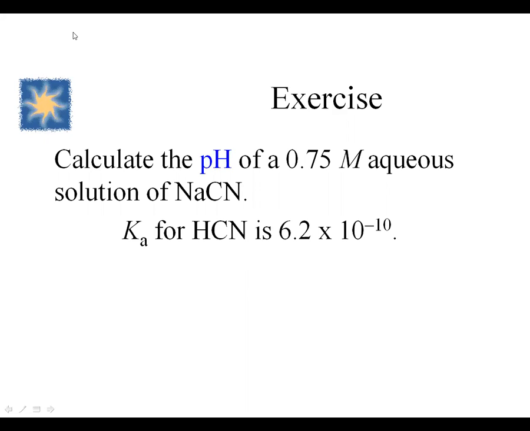So in the previous problem, we were dealing with this salt here, which was sodium fluoride. And when that salt breaks apart, it breaks apart into Na plus and F minus. When we look at the salt part here, it's basically two things: a cation and an anion. And the cation here, which is sodium, is a neutral salt. We know that because it's group 1 or group 2 from the periodic table.